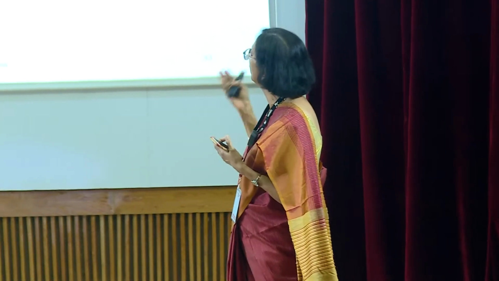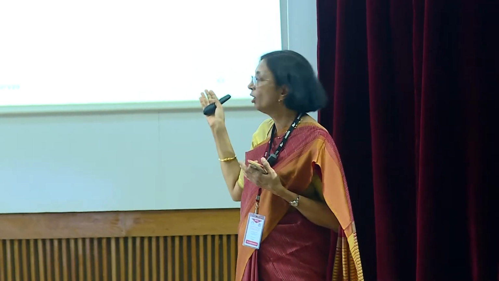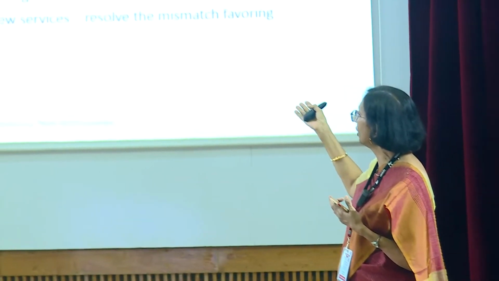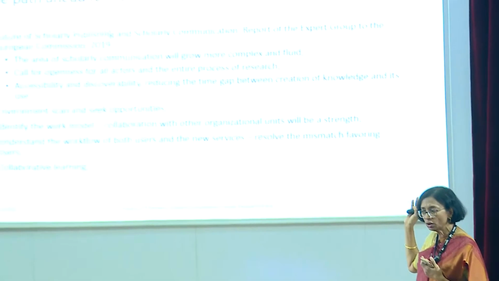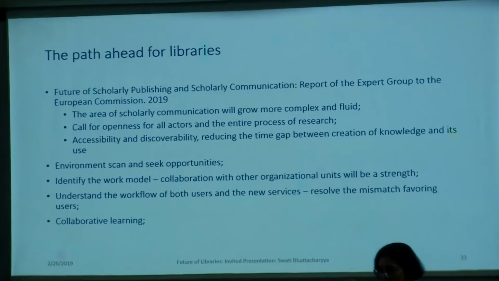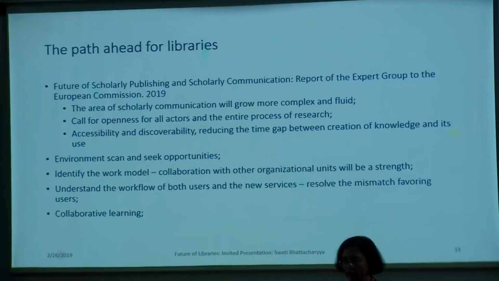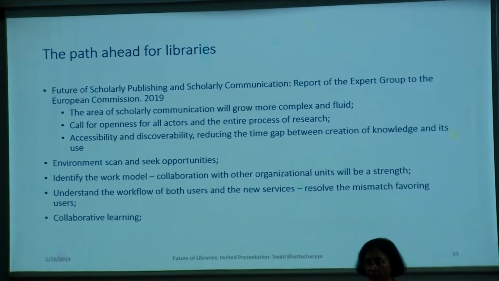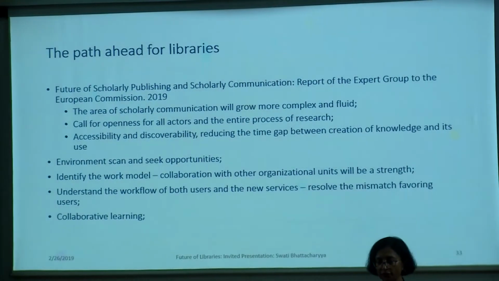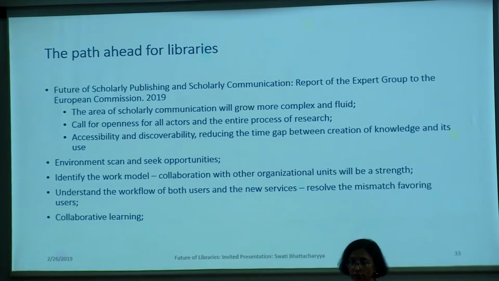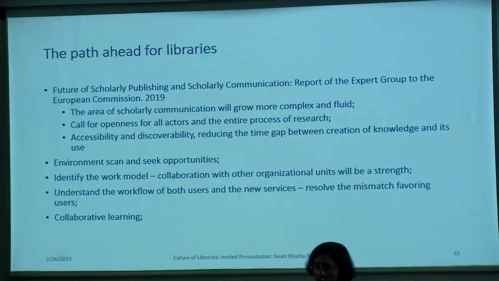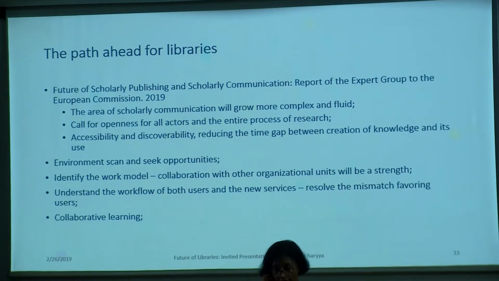Whatever we are talking about, expansiveness and openness, now has a formal recommendation by an expert group to the European Commission, who are asking the same thing: that the area of scholarly communication will grow more complex and fluid, and they are calling for openness and for decreasing the time between information being created, discovered and accessed. So probably the best strategy for the future will be to make a continuous environment scan and find out what model can work better.